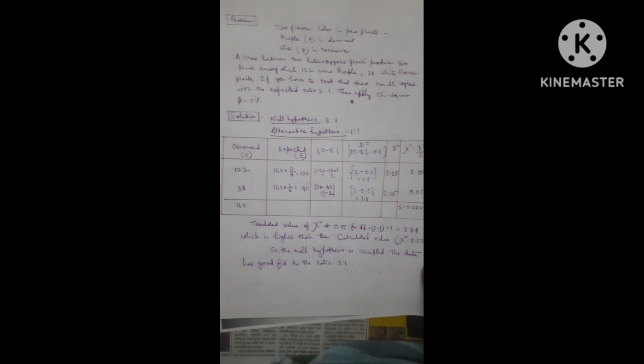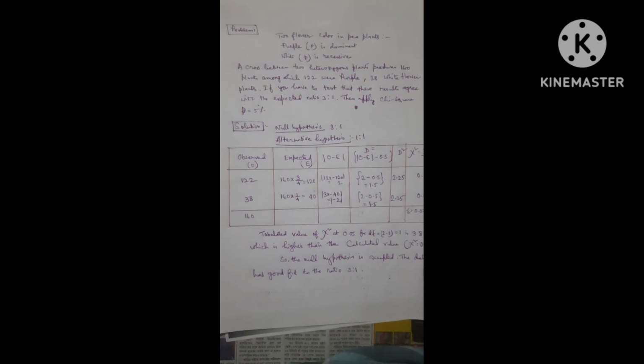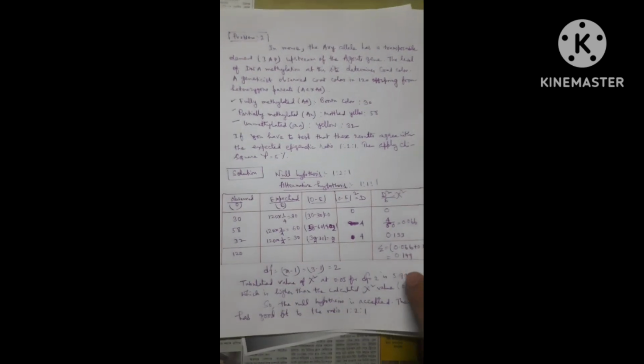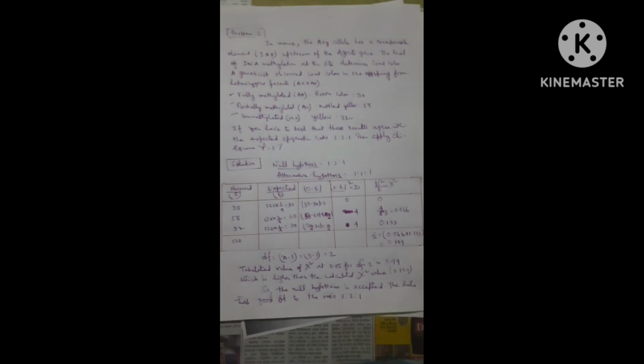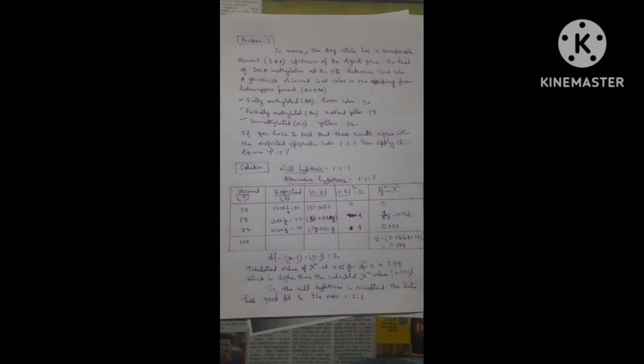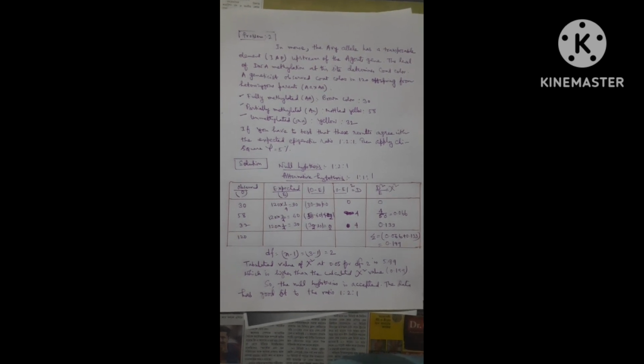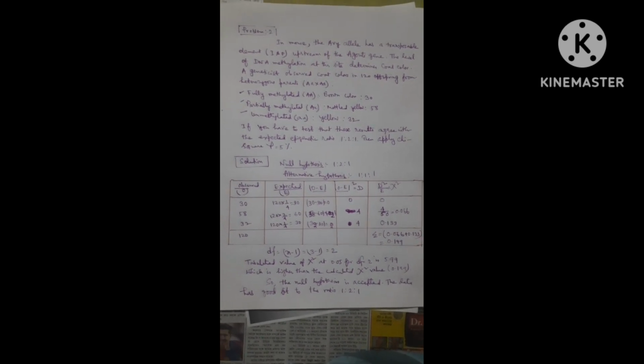So in this way, you can solve very easily any Mendelian ratio. So now come to the second problem. Some of the ratios which do not follow the Mendelian ratio may follow the epigenetic ratio.